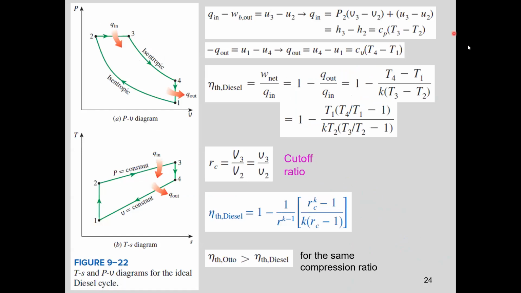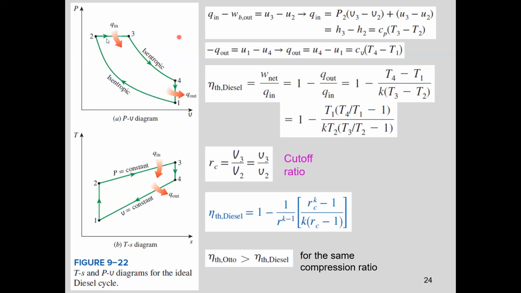equations, thermodynamic equations, thermodynamic analysis of the ideal diesel cycle. First, the general relation: if you have heat input and the boundary work output for a closed system, heat input minus boundary work output is equal to internal energy difference.